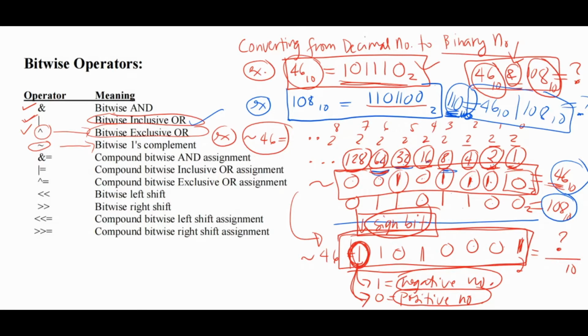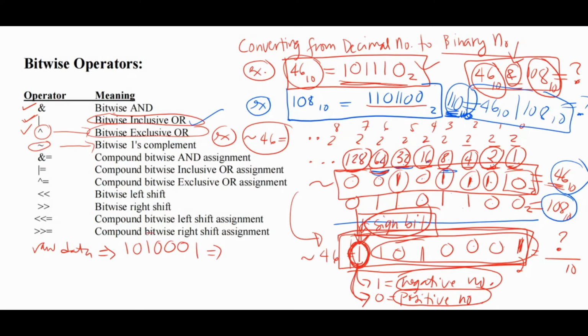The question now is, what is that negative number which is equivalent to this binary number 11010001? Let's solve that by first noting that this is the sign bit, and the bits excluding the sign bit, the raw data, are 1010001.